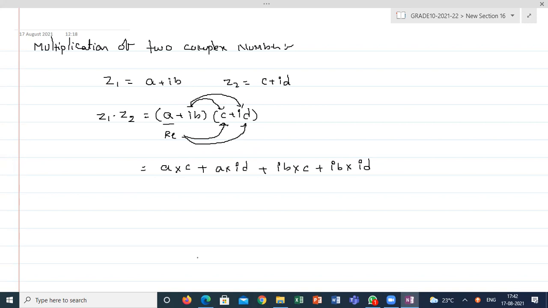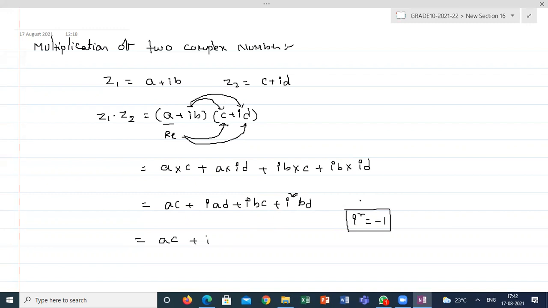So this will give AC plus iAD plus iBC plus i square BD. According to the definition of complex numbers, i square is equal to minus 1, correct? Yes, sir. So wherever there is a possibility of reducing the i into a real number, you have to reduce.